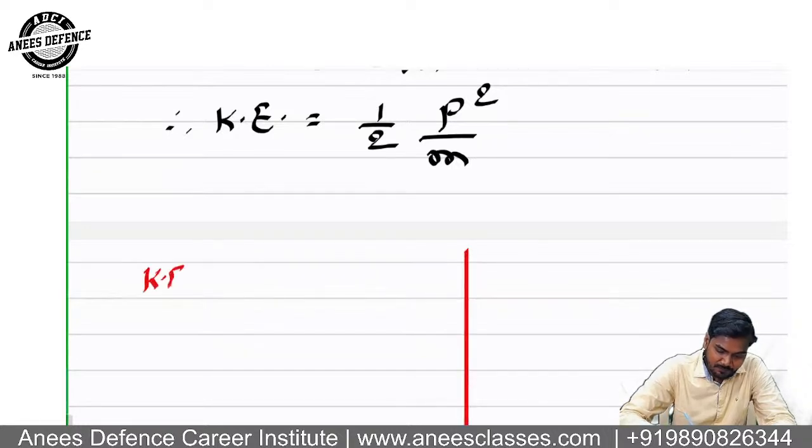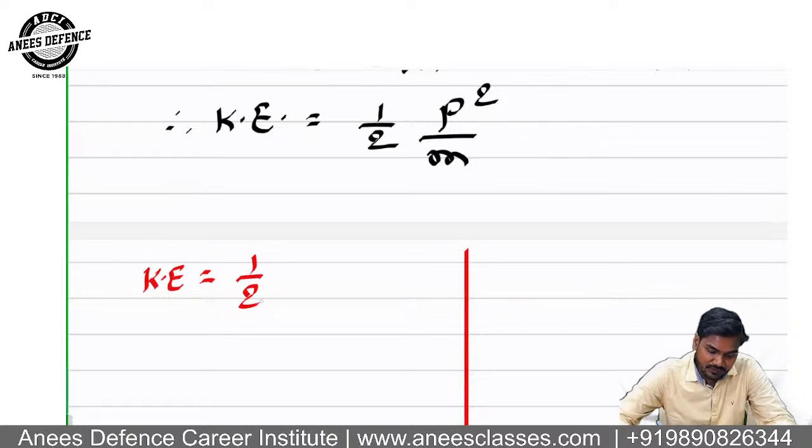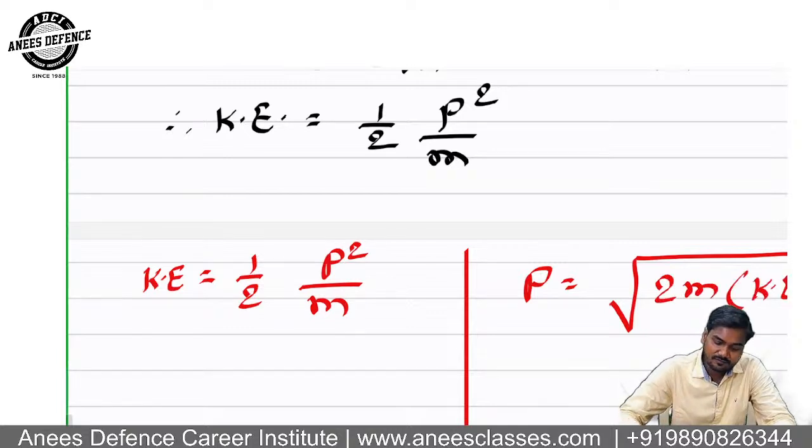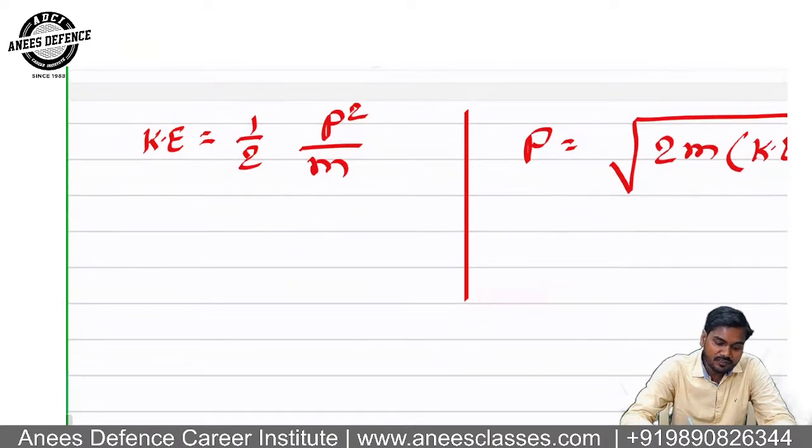Kinetic energy is equal to p square by 2m, and p will be root under 2m into kinetic energy. Consider two conditions.